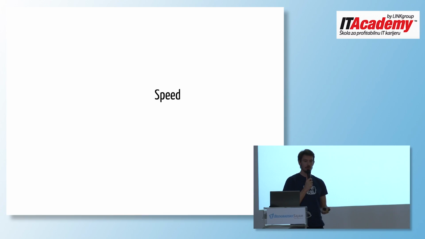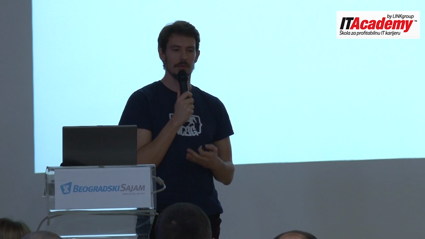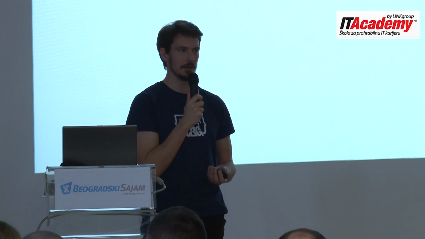So as the project grows, you start getting lots of tests. As Luca said, especially if you start moving to functional tests and acceptance tests and so on, things will get slower. So there are a couple of things you can do to speed things up.